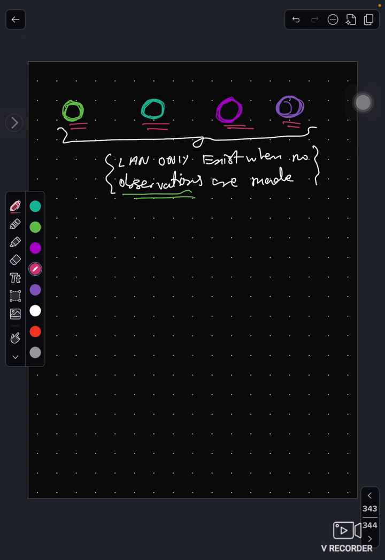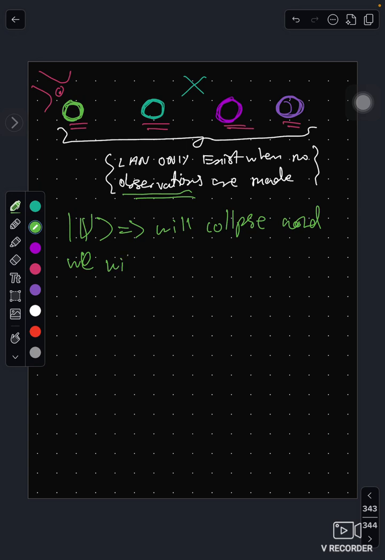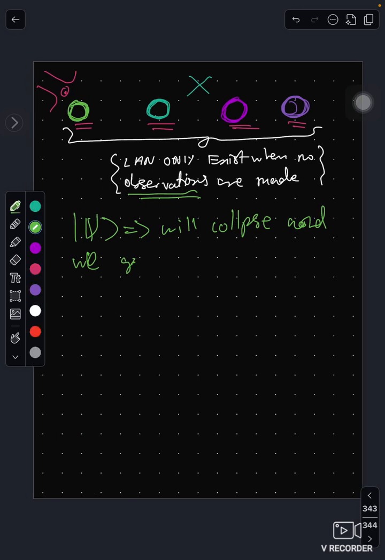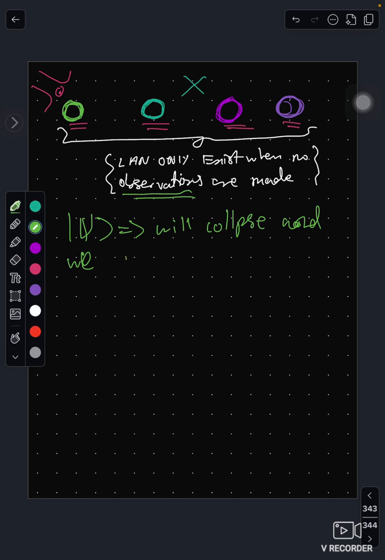The moment you have your eyes on this system, this whole system will collapse, the wave function will collapse, and we get a single value.